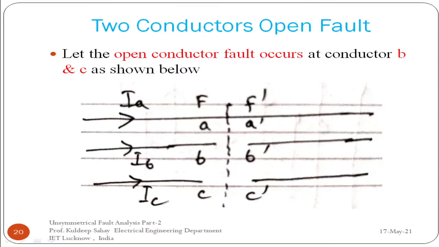The circuit condition for this will be: since conductor B gets open, IB will be equal to 0, conductor C gets open, so IC will be 0, while A remains intact, so VA dash equal to 0.